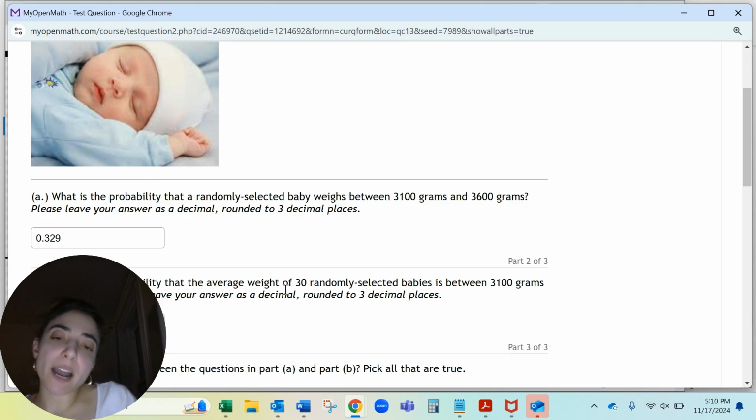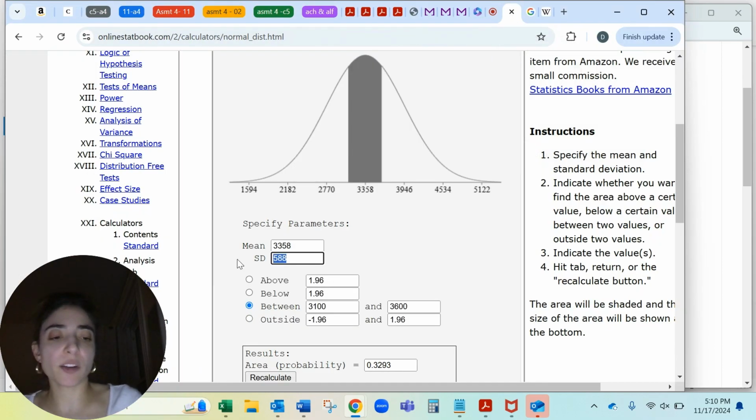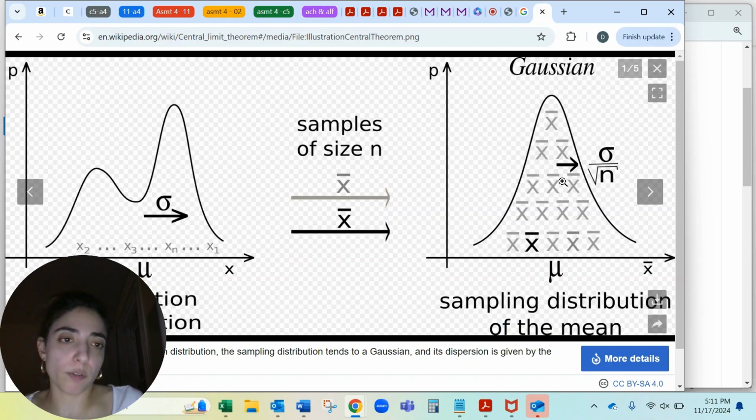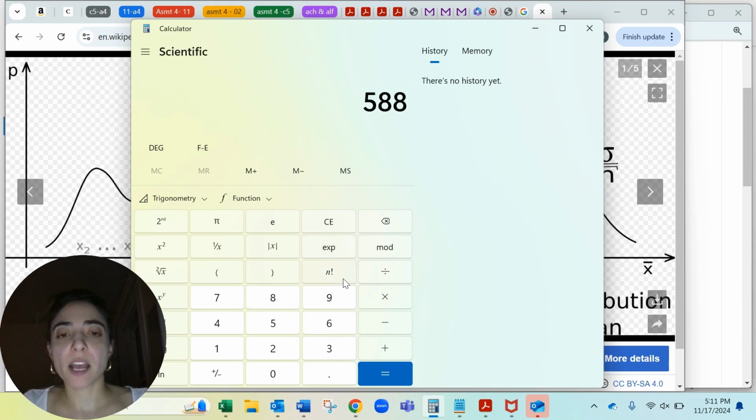So again, we are now going to calculate the standard deviation that I need to put here for my normal probability calculator. I'm going to calculate it using this formula over here. So I will take the given sigma of 588 and divide it by the square root of 30.